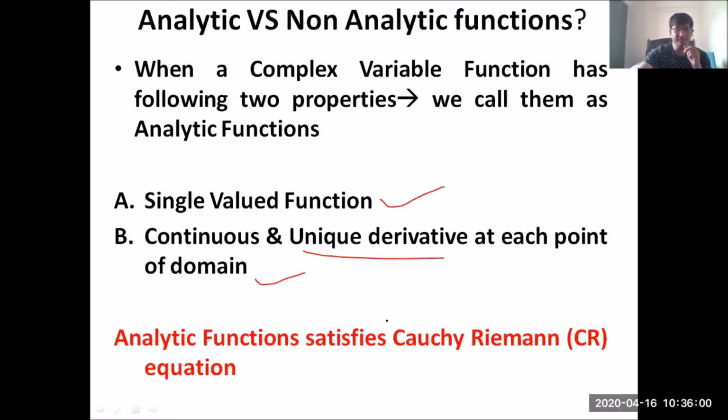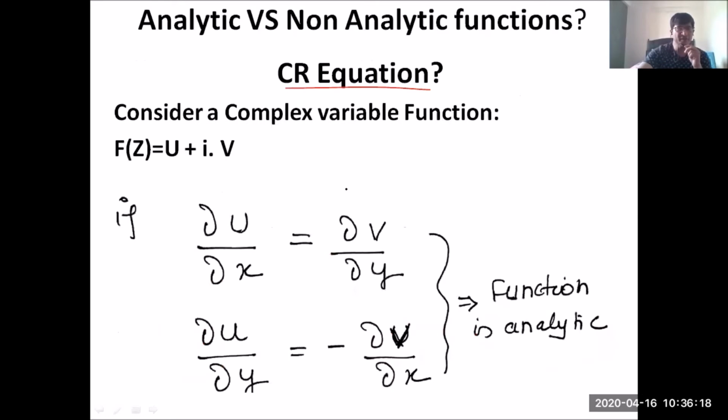Now, an analytic function satisfies the Cauchy-Riemann equation that we all know. We have studied that in basic mathematics. So let us first recall what this CR equation is and what its requirements are. The CR equation is defined over the complex valued function u plus iv. These are the two basic requirements for the CR equation.